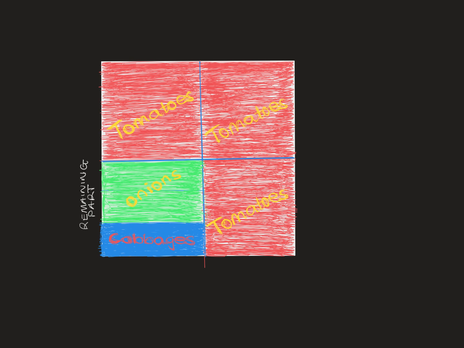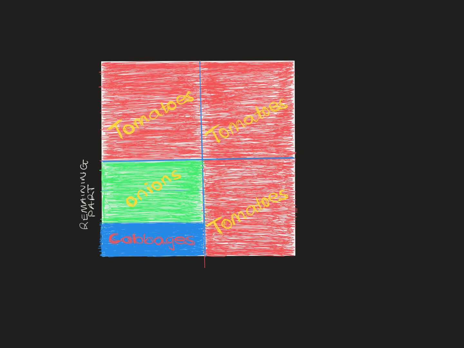So the remaining land was 1 out of the 4, that is 1/4. Then out of this 1/4, if it was divided into 3 equal parts, then 2/3, that is 2 out of the 3 of the remaining land was used for planting onions. Therefore, 1/3 will be used for planting cabbages.